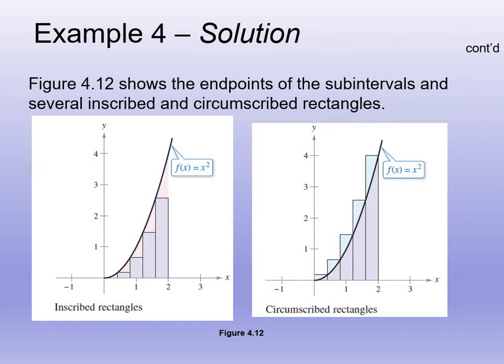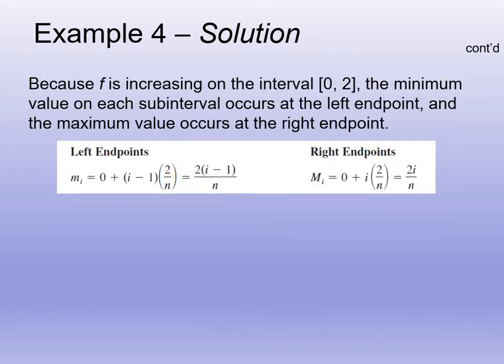And we're going to do the different endpoints. We're going to do the left endpoints and then the right endpoints. So we're going to do the inscribed rectangles, and then we're going to do the circumscribed rectangles. We have to make sure that we know what we're doing. So if we do the left endpoints, we're going to do 0 plus (i minus 1) times 2 over n.